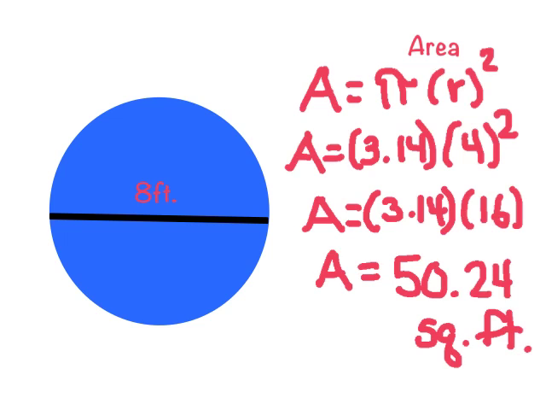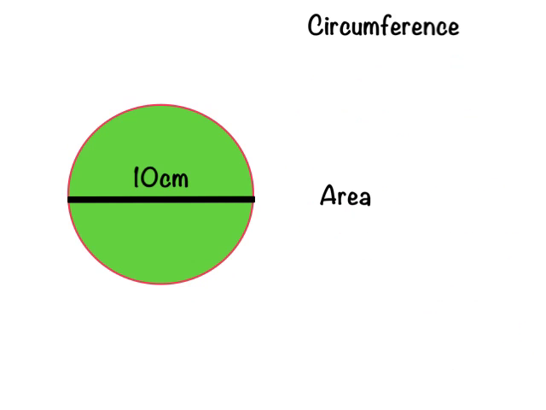Okay, now it's your turn. Let's see if you can find the circumference of this circle, which is the distance around the circle, and the area of the circle, which is the space inside it. Okay, here are your formulas.